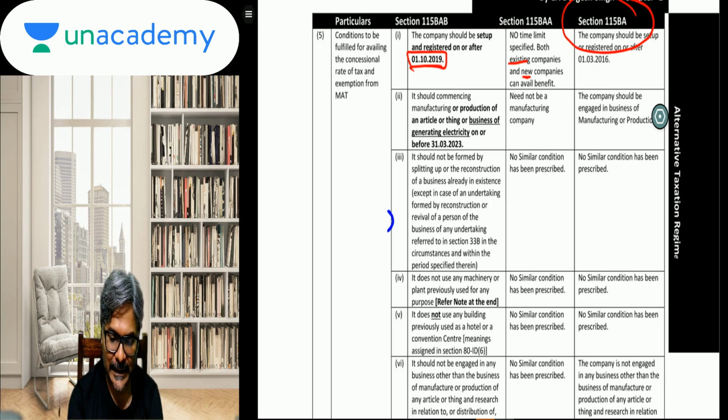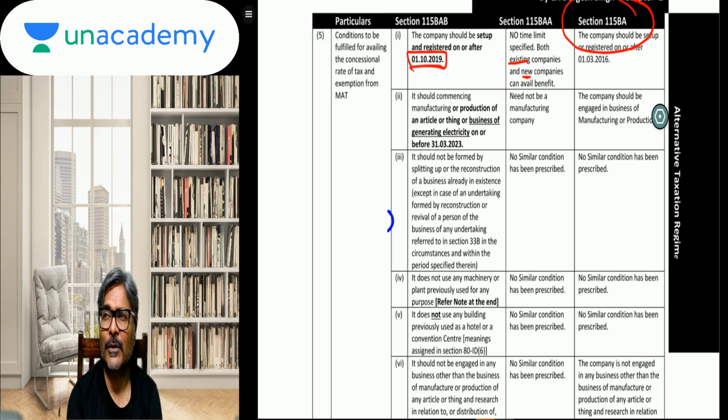We shall say that in all such cases, there is an attempt made to split up the business which is already in existence, so as to take this concessional rate of 15%, and that will be considered a disqualification.